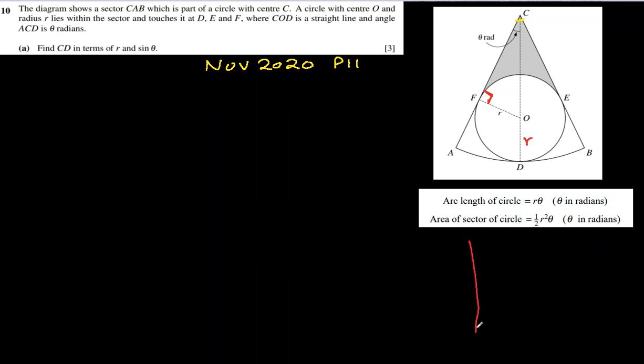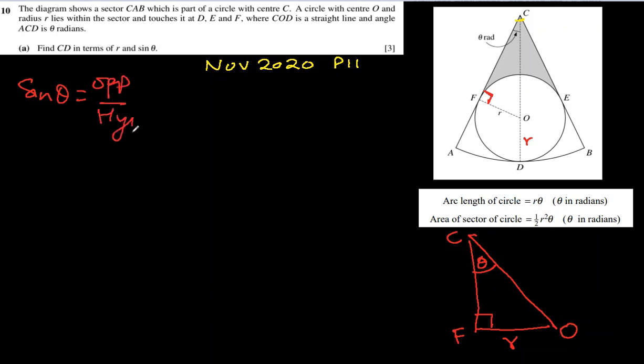Let me draw it somewhere here. So this is r, this angle is theta, this corner is C, this is O, and this is F. I have rotated the drawing a little bit so that it becomes easier. Now we can see here that sine theta is opposite over hypotenuse.